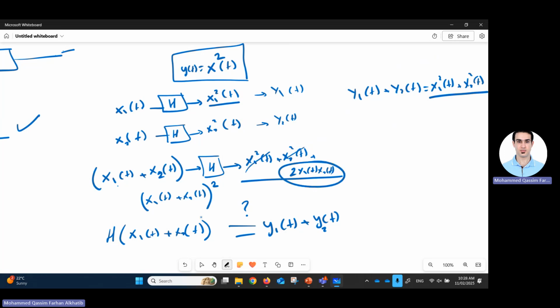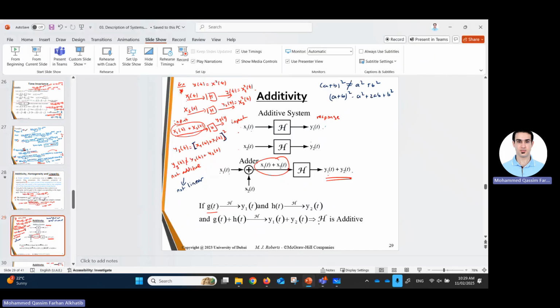So it does not align with the additivity property. So in this case, the system is not additive, or we can generalize it, it's not linear, because linearity needs homogeneity and additivity together. All right, so this is the first example for the x square. That's for the additivity.